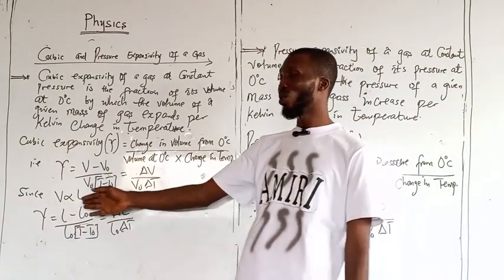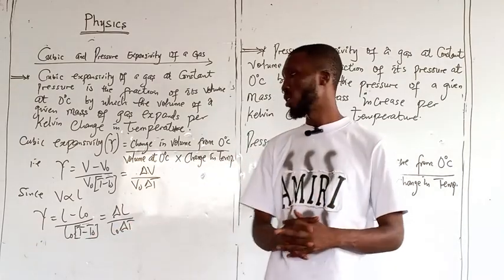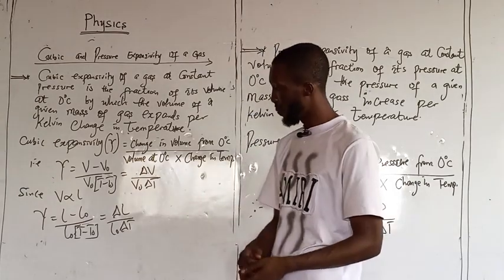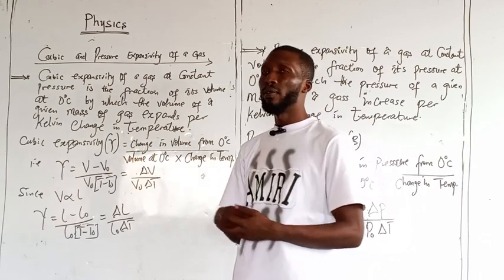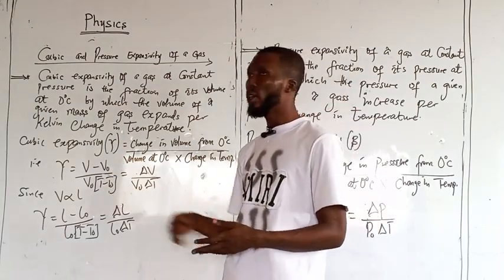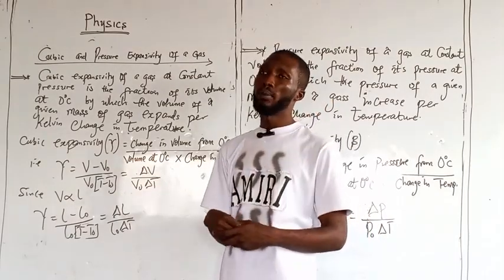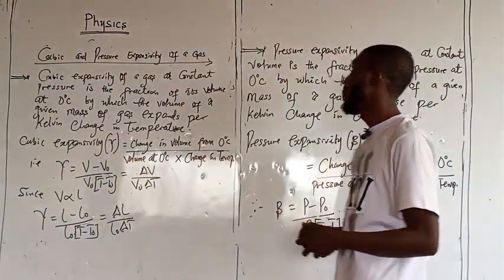This is only applicable to gas, where you can use the length as the volume, not in solids. So having known that, the V here stands for the volume after the increase in temperature. V naught stands for the volume at 0 degrees Celsius, and T is the final temperature, while T naught is the temperature at 0 degrees Celsius. That is the initial temperature, rather.